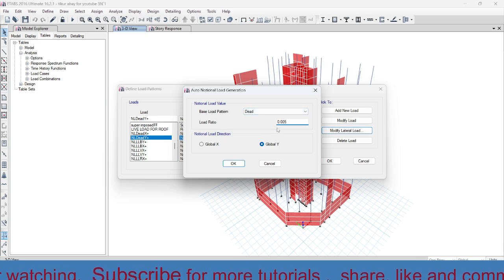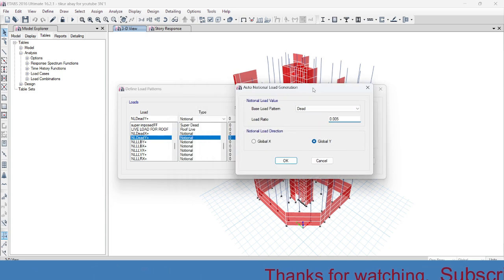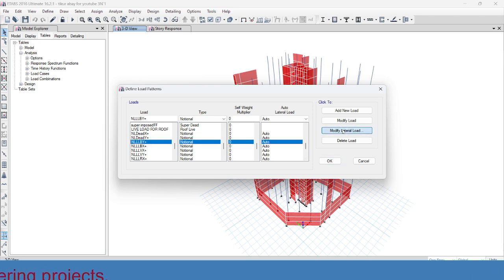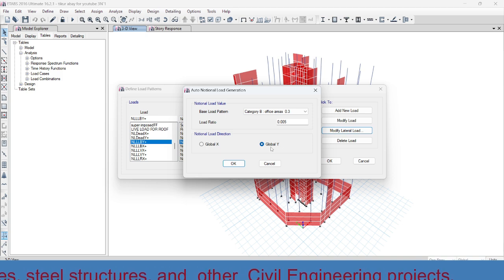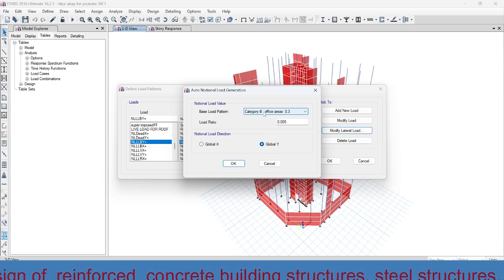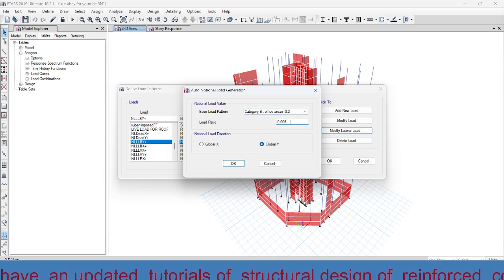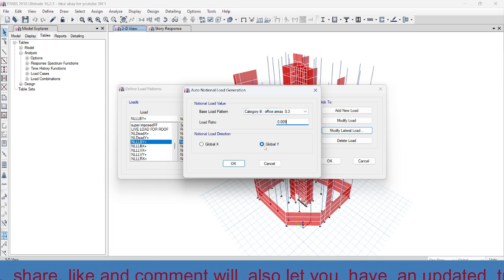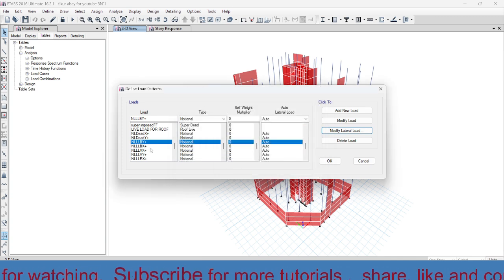So the phi value multiplied with the dead load will provide the notional load along the y direction, and here also the notional load in y direction with reference to the live load applied on the floor. That means 0.05 multiplied with this live load will provide the notional load along the y direction.